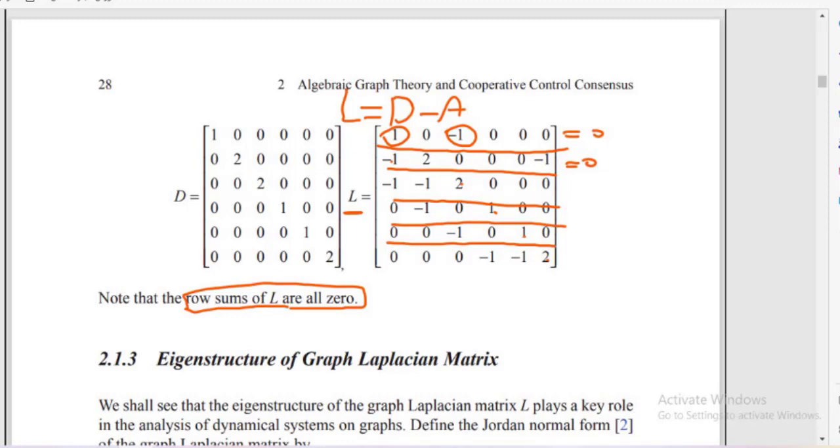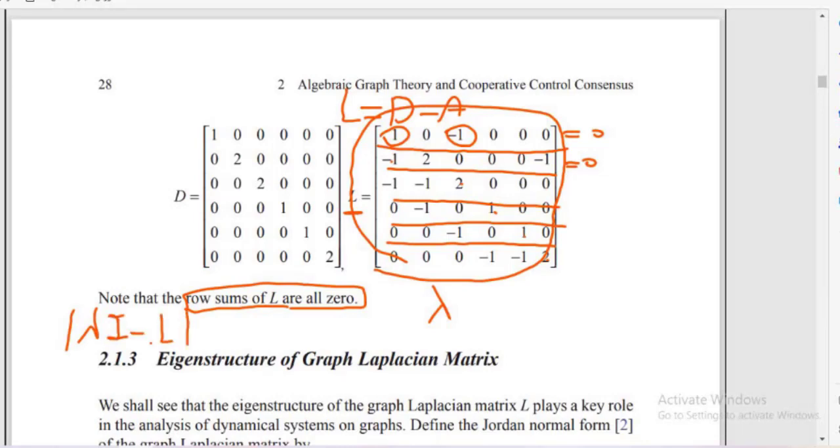In the next step, we want to discuss the eigenvalues of this matrix. How can we define the eigenvalues? Lambda I minus L equals 0.